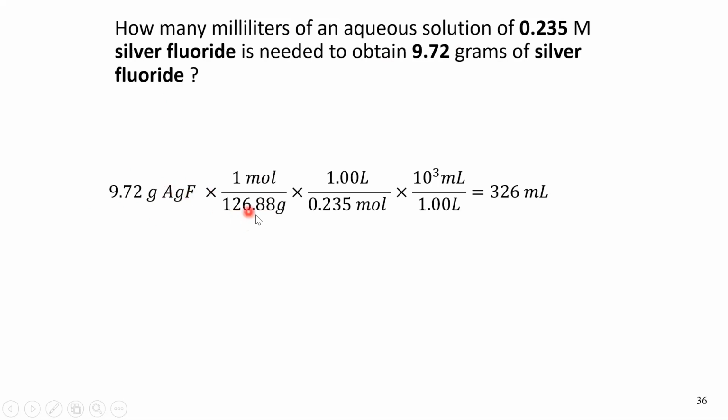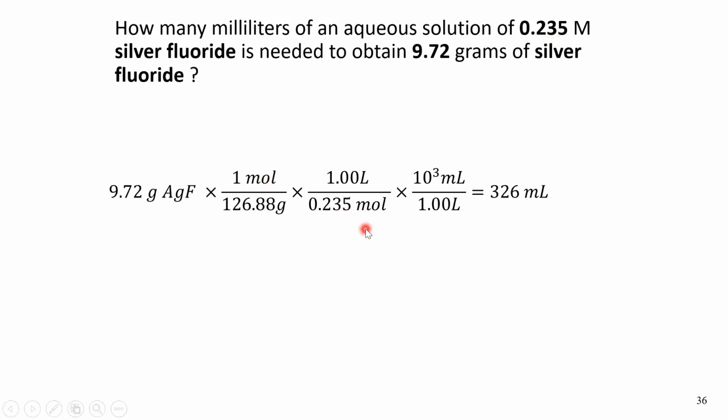So we're going to convert from grams to moles. Then we're going to convert from moles to liters using the molarity as a conversion factor. And remember that a 0.235 molar solution means we've got 0.235 moles per liter.